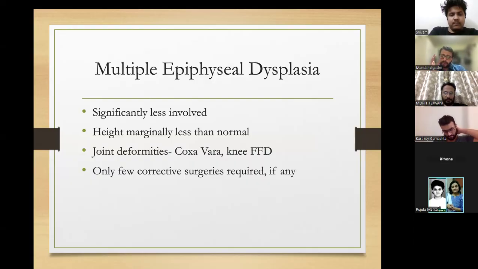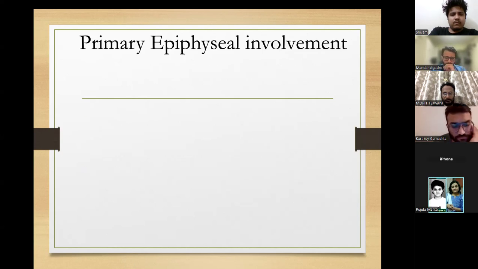And the commonest orthopedic complaint is hip abnormality: coxa vara, Perthes-like picture where there is extrusion, knee flexion deformities. From the orthopedic point of view, they are very good because they have just orthopedic symptoms. They usually don't have any other systemic features, no spine involvement. So it's a very nice surgery to do in case we actually need to do surgeries. All right. So this is multiple epiphyseal dysplasia.